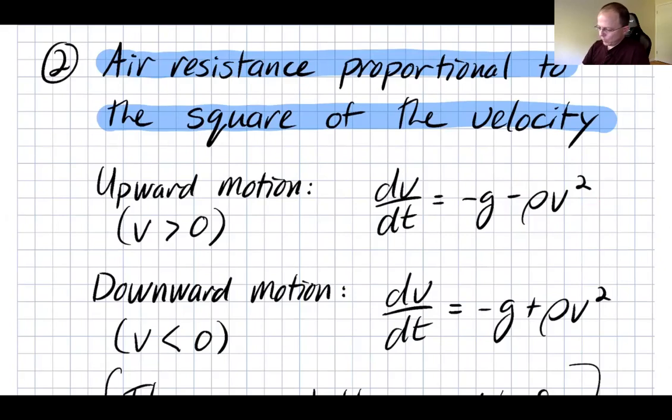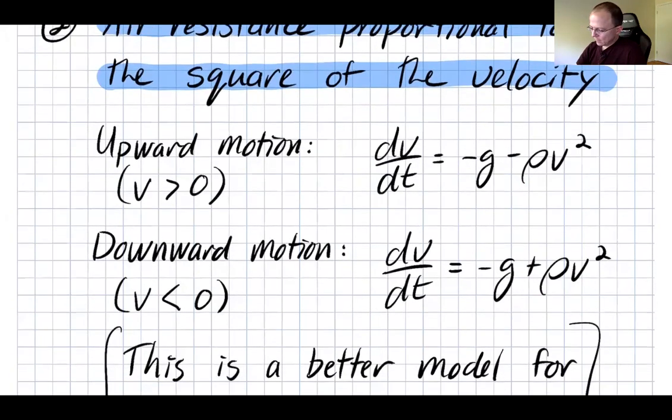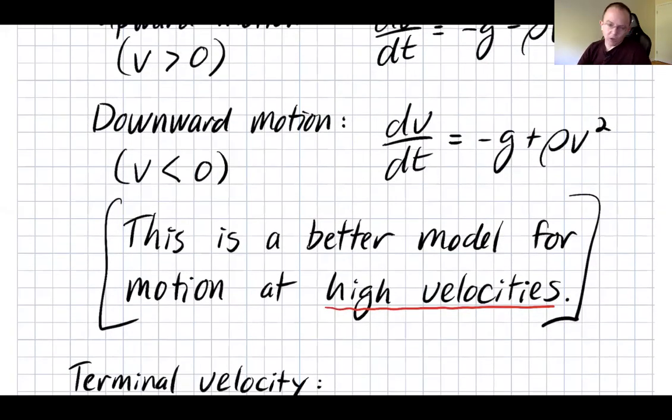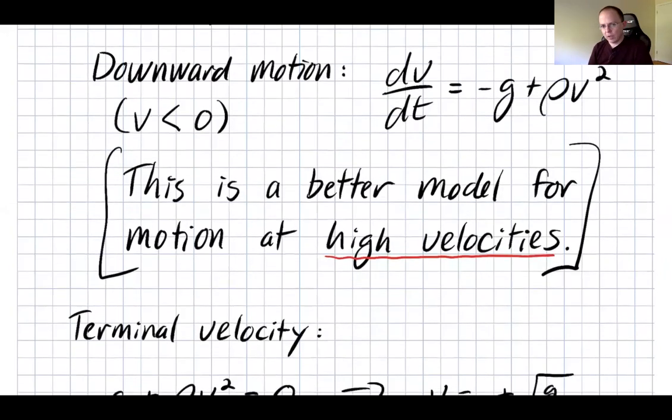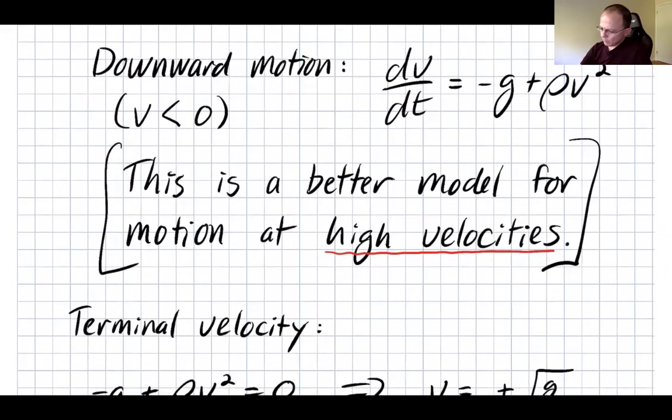And when we're going down, then the air resistance is going the other direction, so there we get a positive air resistance. Okay, so this is a better model for motion at high velocities, but it is more difficult to deal with.